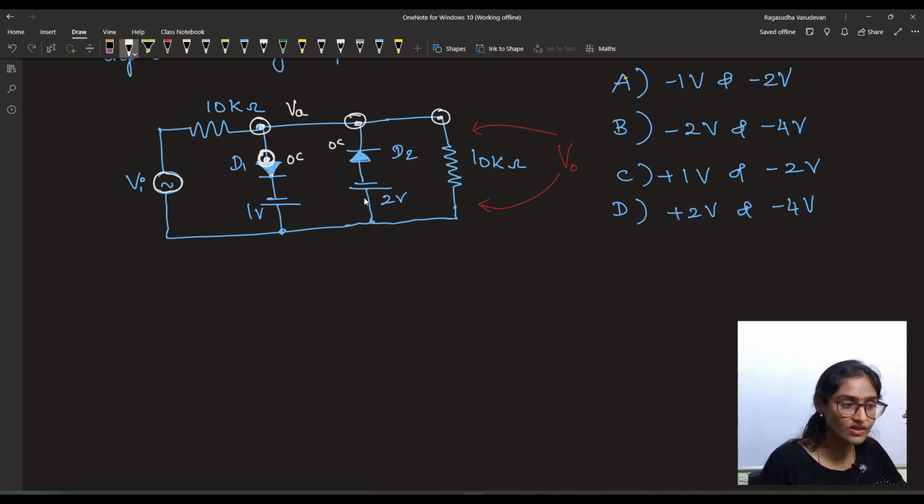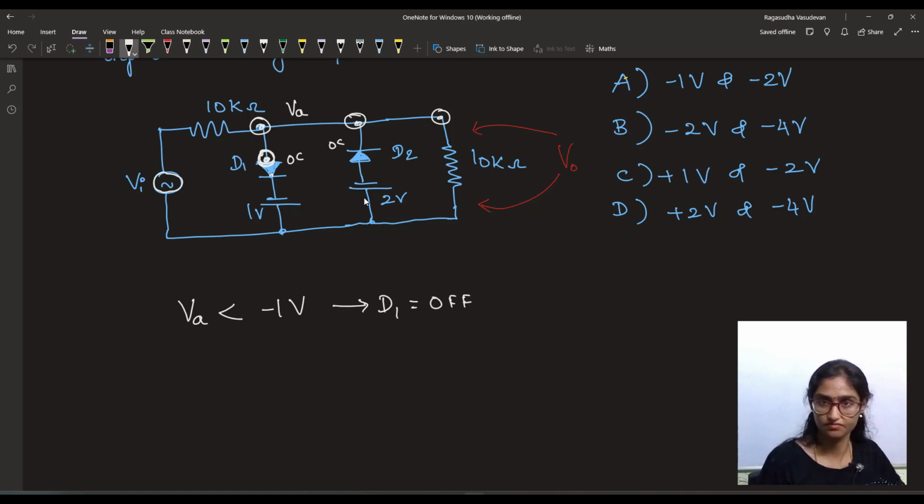Okay, so when VA is less than minus 1 volt, what will happen? D1 will be off. What will happen to D2? We will see that. When VA is greater than minus 2, the N side voltage will be greater than the P side voltage.